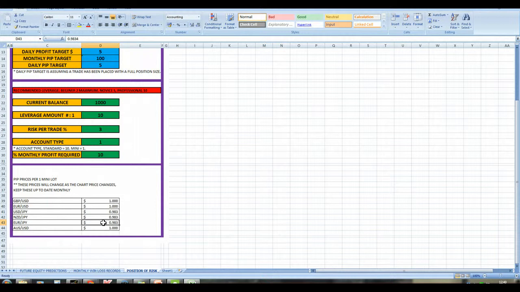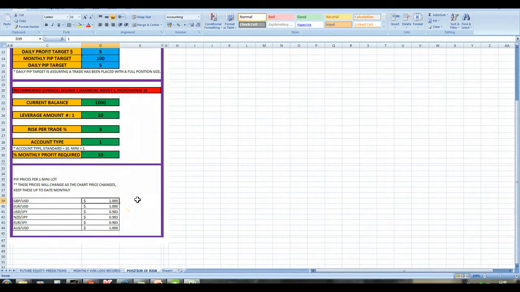So what this means is, if you were to place a trade and on the initial, let's just say Great British Pound US dollar, you risked 30 pips, you would only lose $30. But when the pip value increases to 1.5, you've now just lost $45 instead of 30.